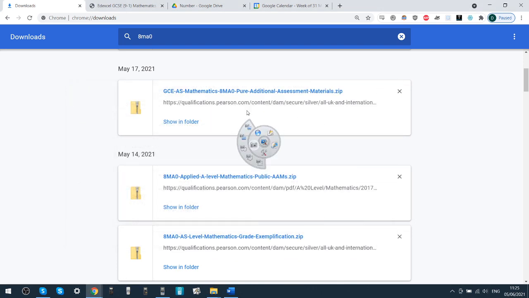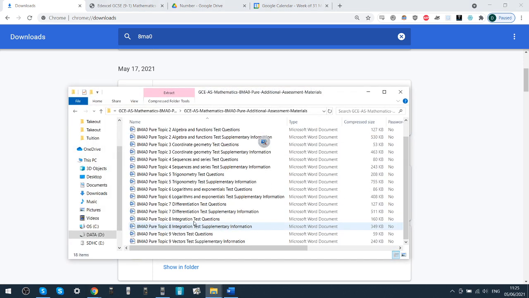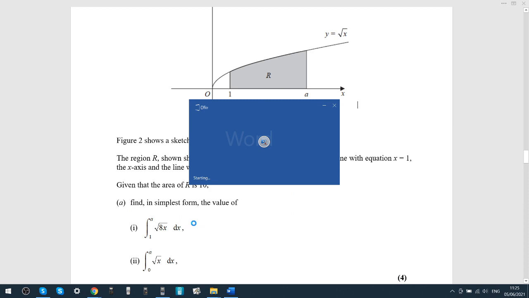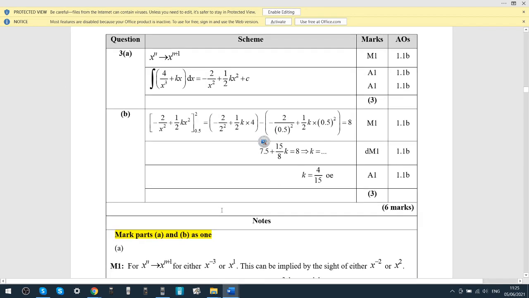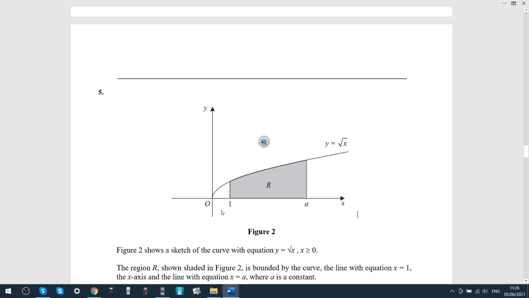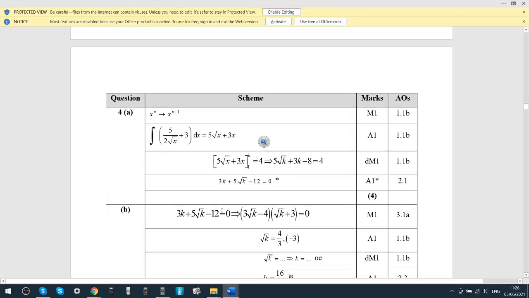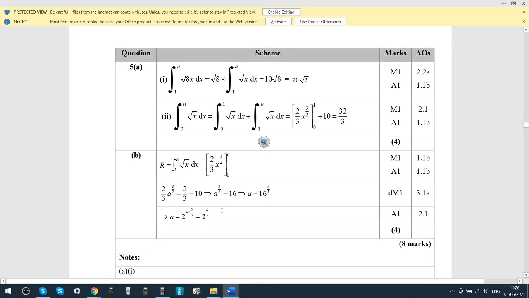Integration. I do. So that's the k stuff. What question is this? 5? (32/3).